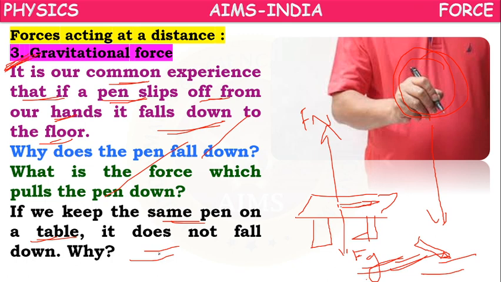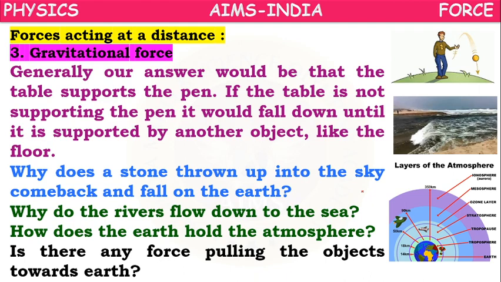In that condition also, we have gravitational force, but the normal force is balancing it. So the table supports the pen.